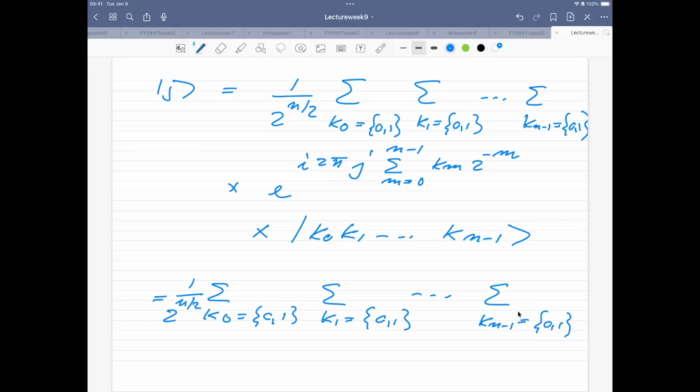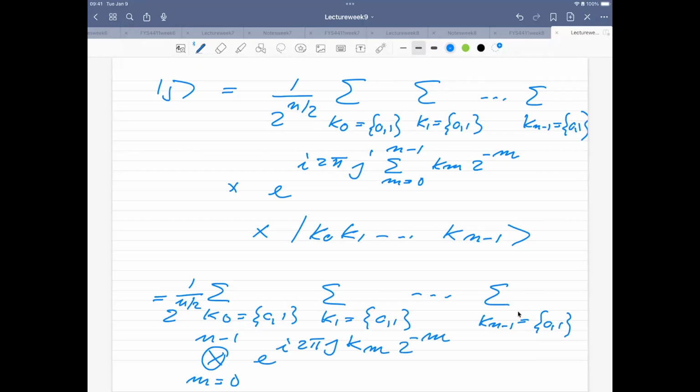And this is multiplied with a tensor product where I have m equal to 0 up to n-1 of e^(i 2 pi J K_m 2^(-m)), multiplied with K_m.